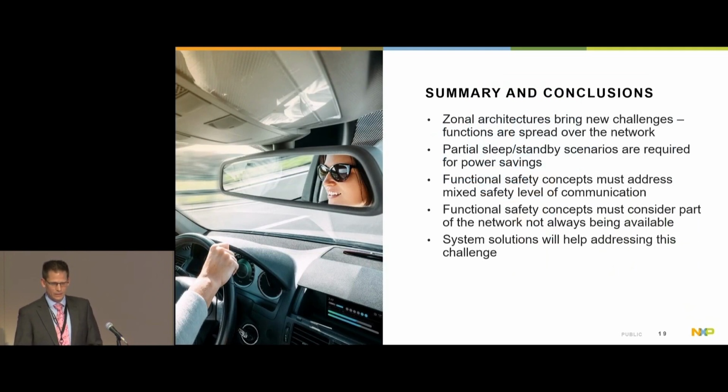Let me summarize and conclude. In general, zonal architectures bring new challenges because the functions which were separated are now spread over the network. This requires some partial sleep and standby scenarios, so that part of the network or part of the ECU is not active if it is not needed, to have it power optimized.